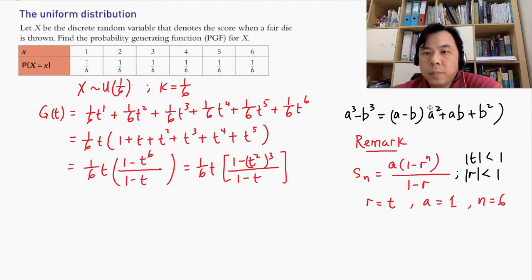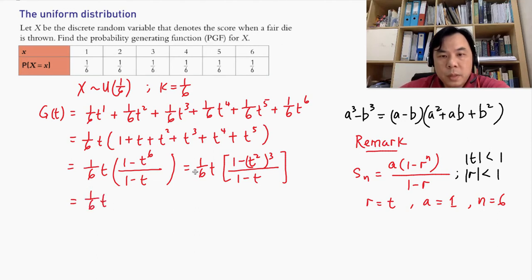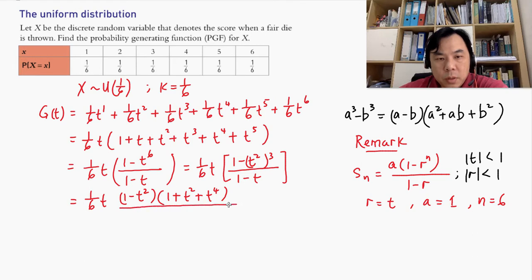So we can do that here, and that would be 1/6 times (1 minus t square), and then (1 plus t square plus t^4), over 1 minus t here.